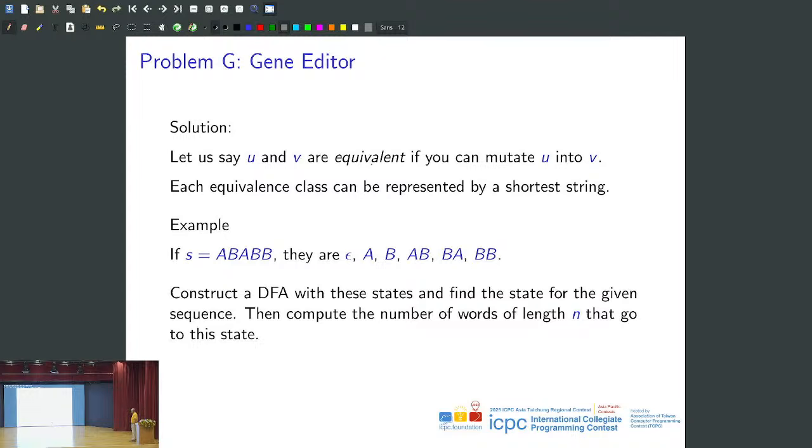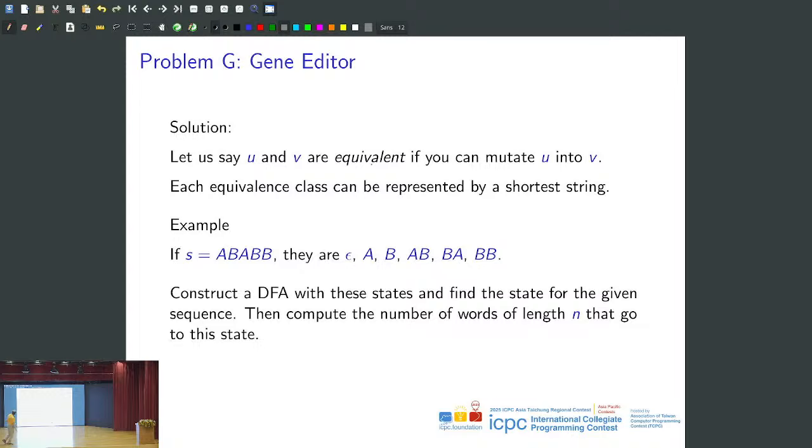The solution here is one possible solution. It's very tricky, but you use basically automata theory. You build a finite automaton whose states represent the different strings. If you take an equivalence relation of strings that can be mutated into each other, it's symmetric, right? Then you have these equivalence classes.